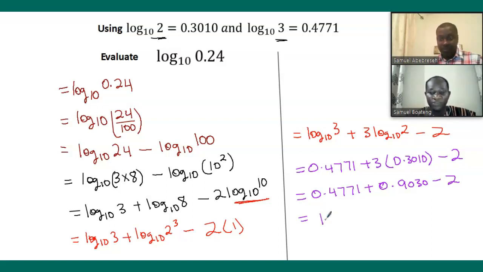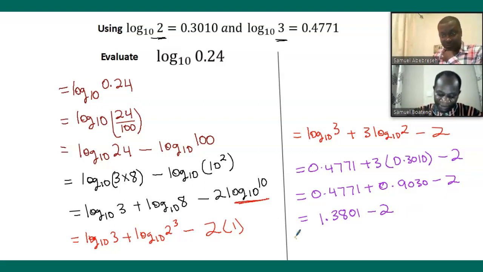So this will give you 1.3801 minus 2. When you subtract, you are going to get is equal to minus 0.6199.